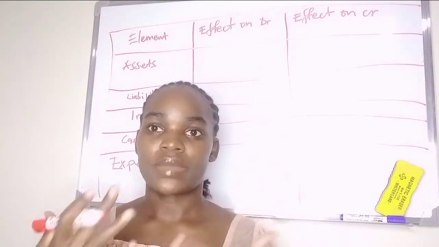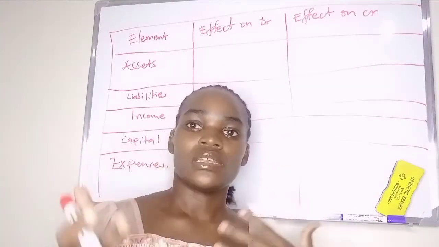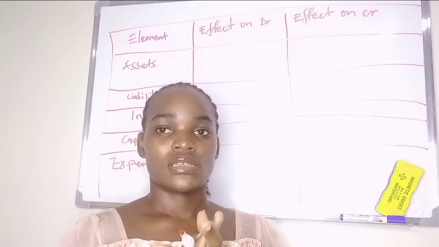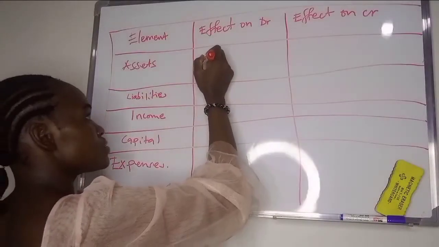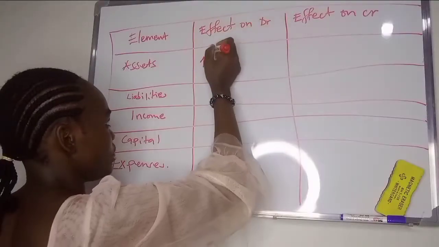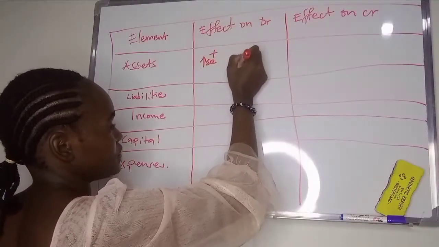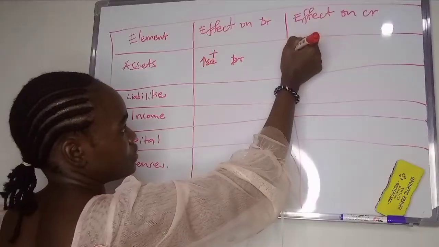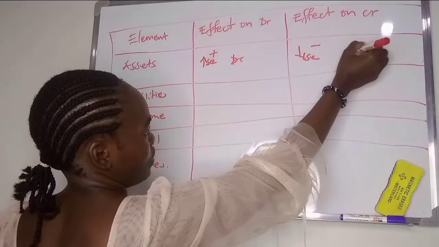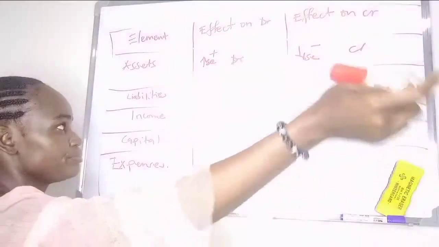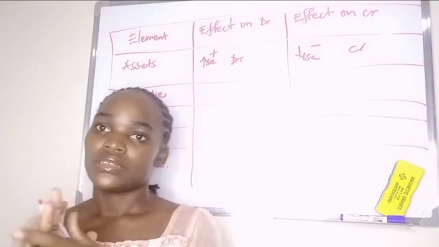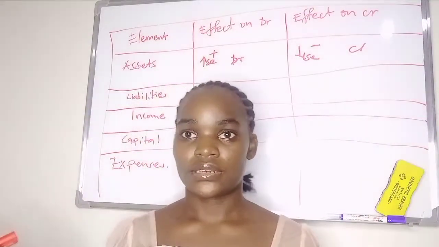So assets increase by debiting, and reduce by crediting. If an asset is increasing, you debit. If it's reducing, you credit.